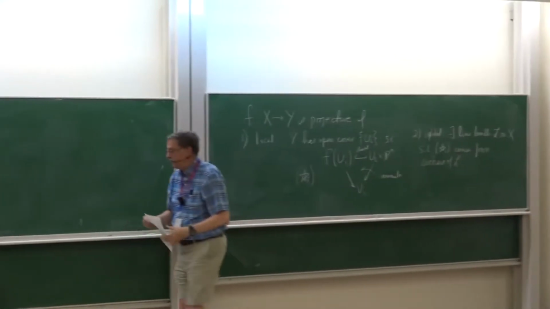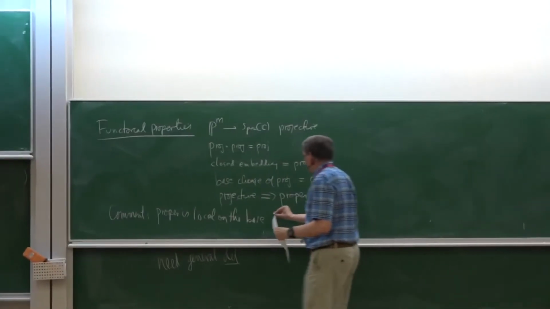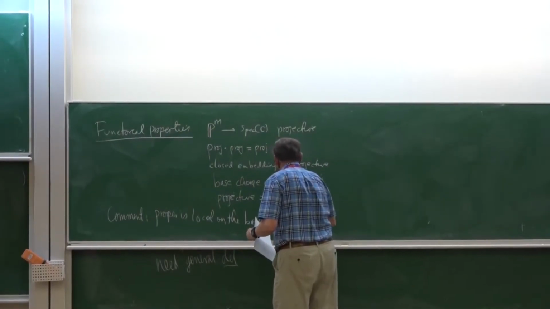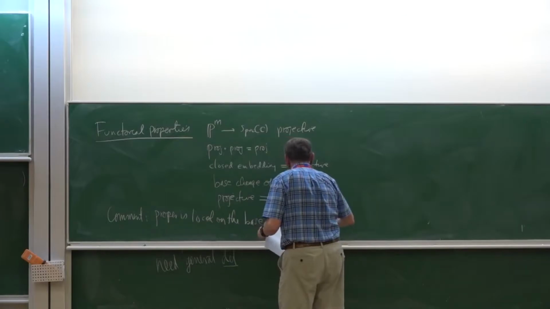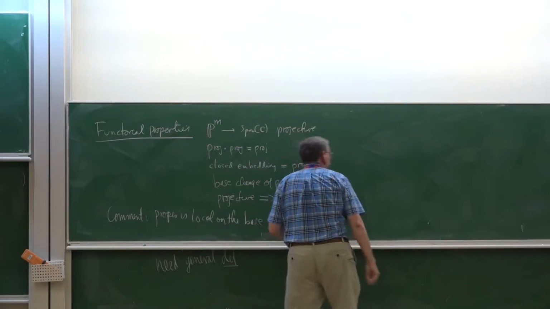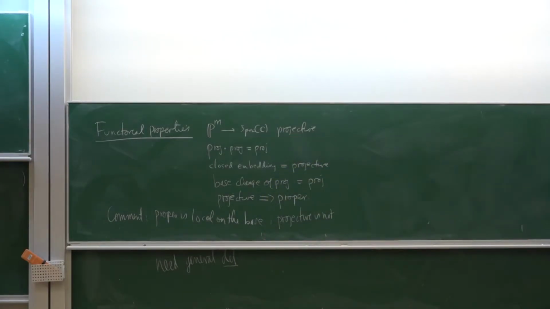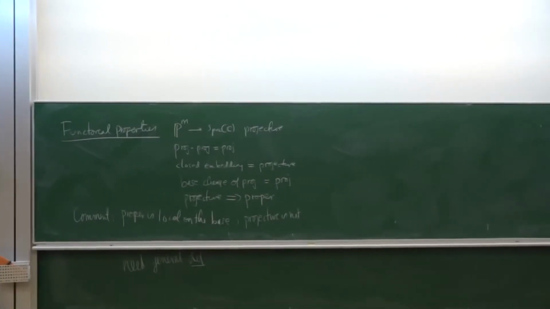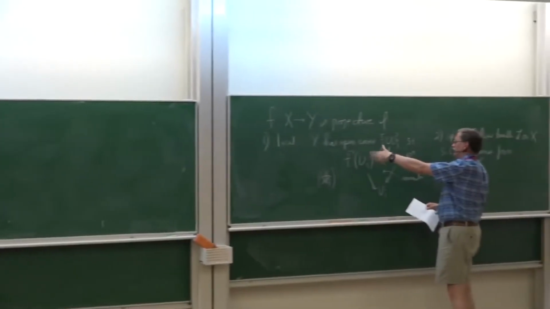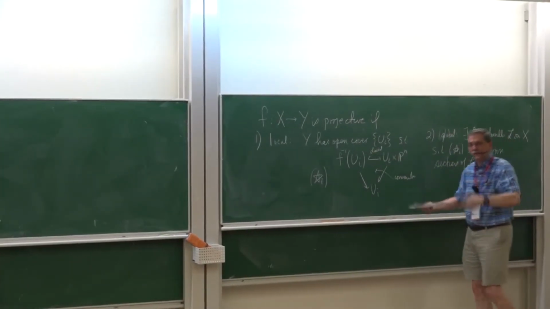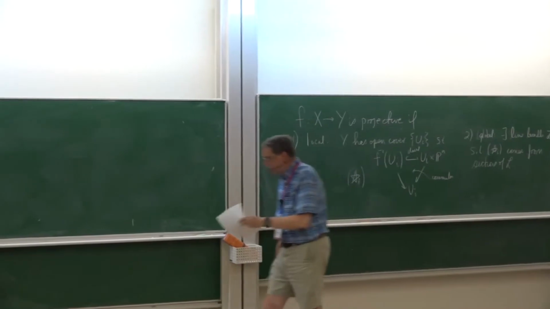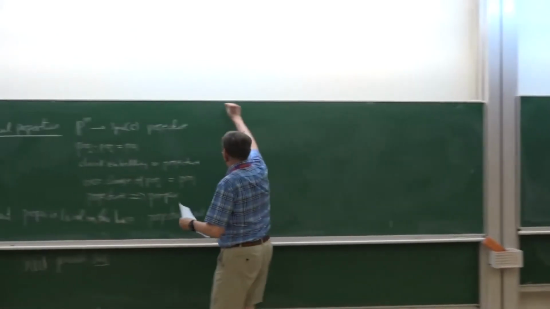So that's what local on the base means. But it turns out projective is not. And that's because of this global aspect right here. Just because I have some line bundles on these pieces, they might not glue together. Okay, so that's all I want to say about projective.